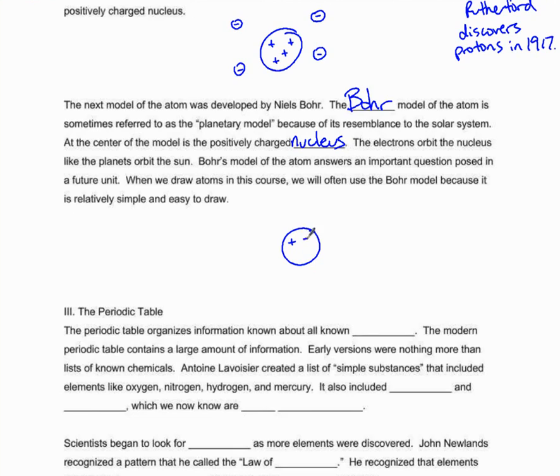So let's say here's the positively charged nucleus, and let me draw, here's an orbit, here's an orbit, there's an electron, there's an electron, here's an electron, here's an electron. It's the sort of thing we're looking at.